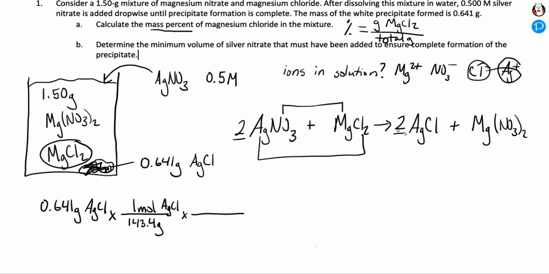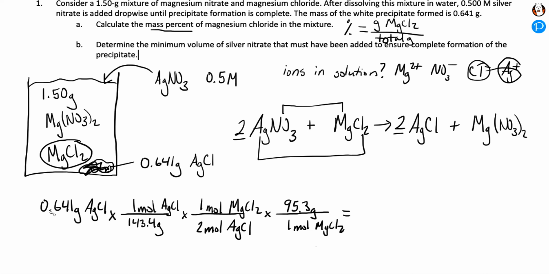Well, for every 2 moles of AgCl, there is 1 mole of MgCl2 reacted. And then I can get from moles of MgCl2 into grams of MgCl2 using the molar mass of MgCl2, which is 95.3 grams per mole of MgCl2.